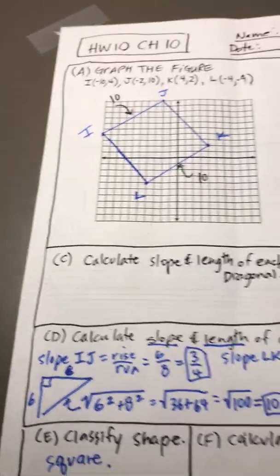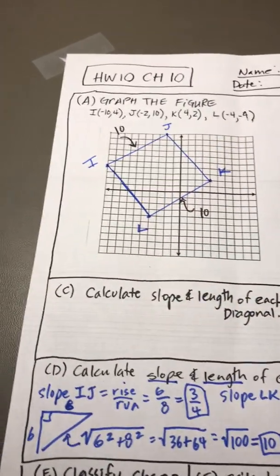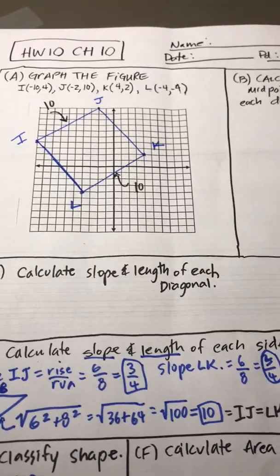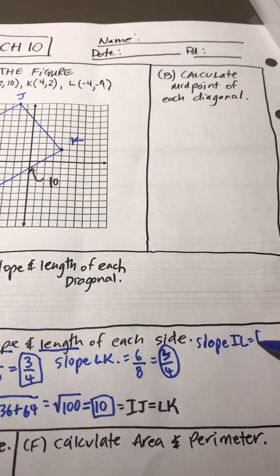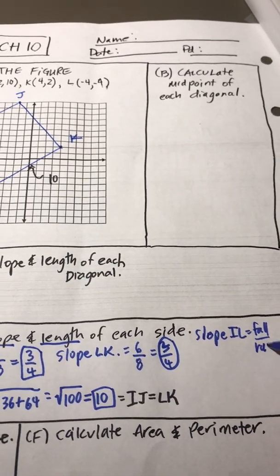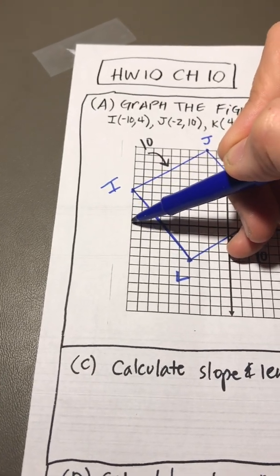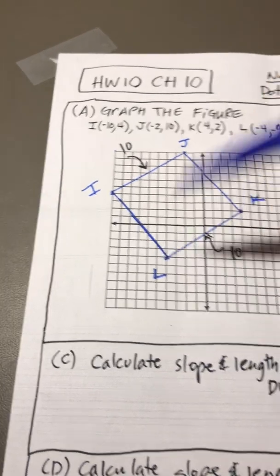Now let's do the same for the other sides. So I have IL, which is actually going down. So the slope of IL is falling over run, and I'm just going to count how much I fall. So 1, 2, 3, 4, 5, 6, 7, 8. 1, 2, 3, 4, 5, 6.